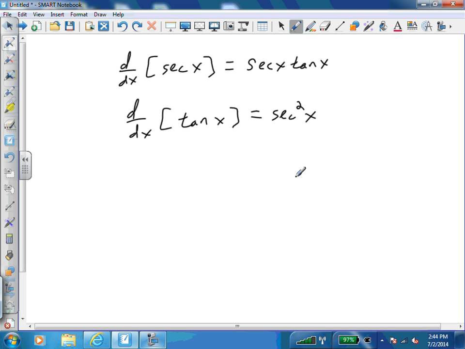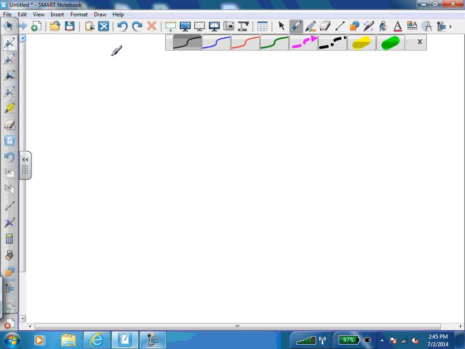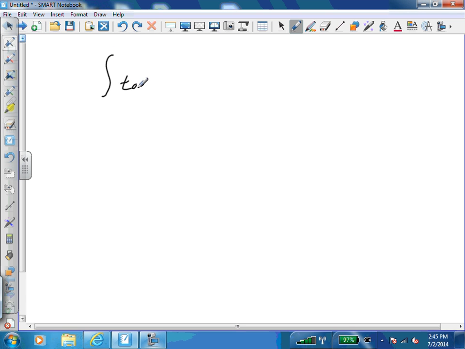So in dealing with secants and tangents, we're going to have to keep these in mind when we're picking our u's and our du's. So let's do something like tangent to the fifth, secant to the fourth.